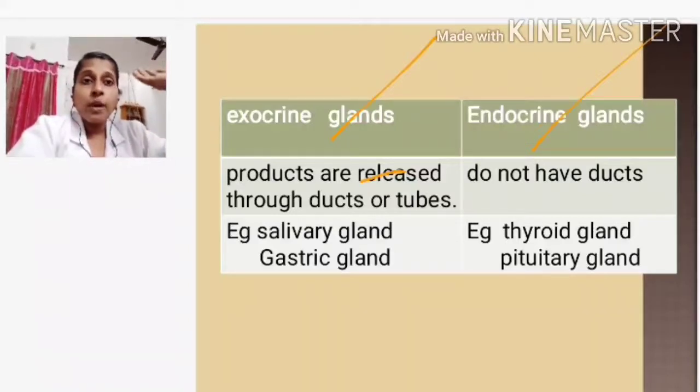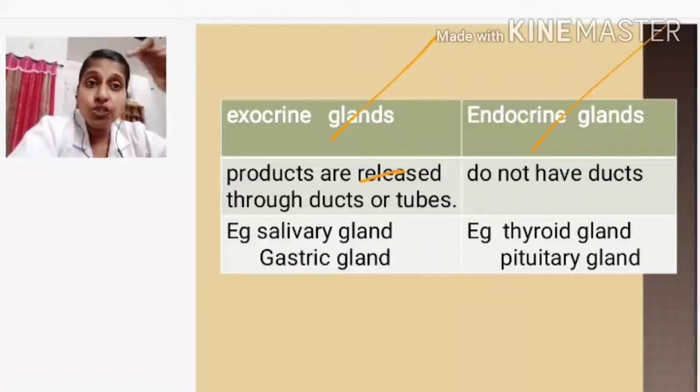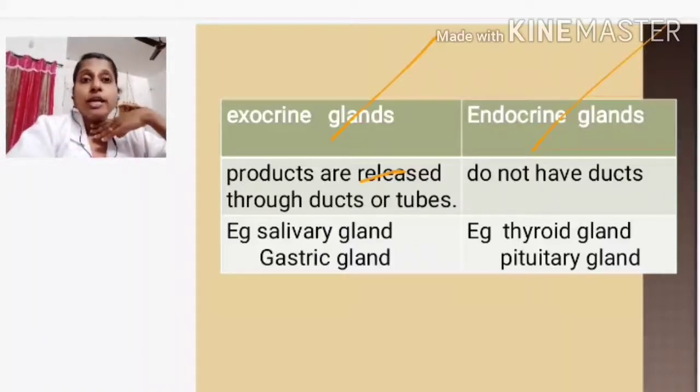Like when the sugar level goes up, immediately the pancreas will produce insulin, pour it into the blood and try to reduce the sugar level. So it is not stored somewhere. When needed, it is produced and put into the blood and it will function. Like thyroid gland, it controls our metabolic rate.